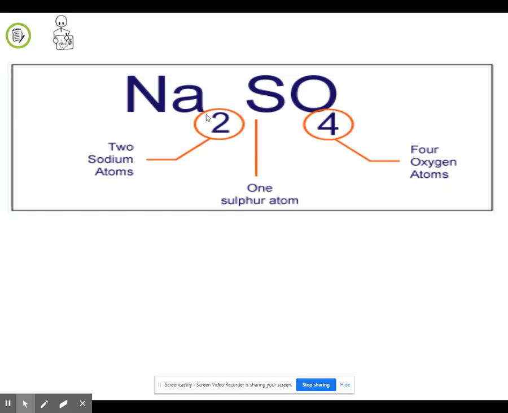You'll notice that there is a subscript of 2 after sodium, so we have 2 atoms of sodium. Sulfur does not have a subscript, so there's only 1 atom of sulfur. Then we have a subscript of 4 following oxygen, so we have 4 atoms of oxygen. Take a moment, write this compound down with the subscripts, and write this information.